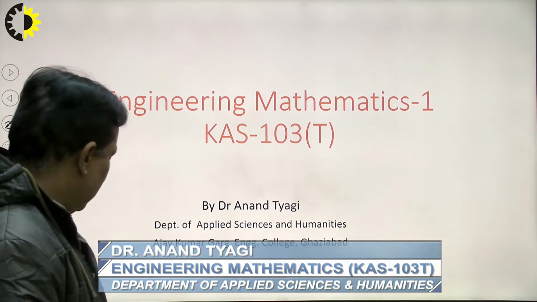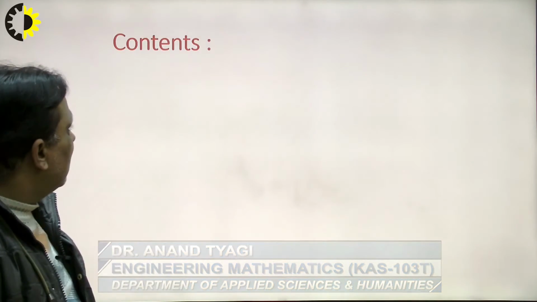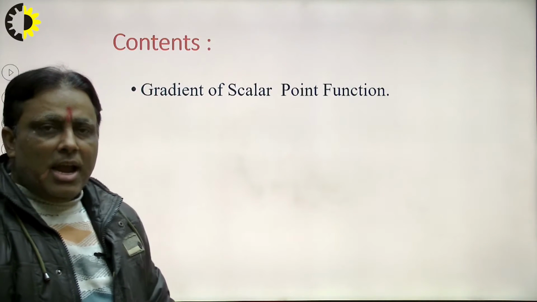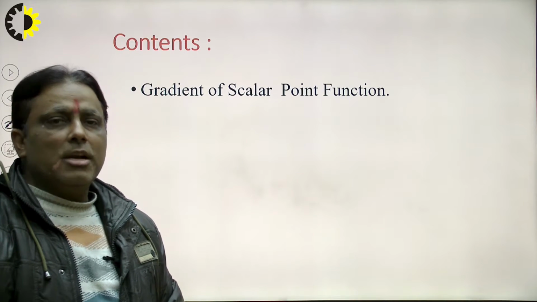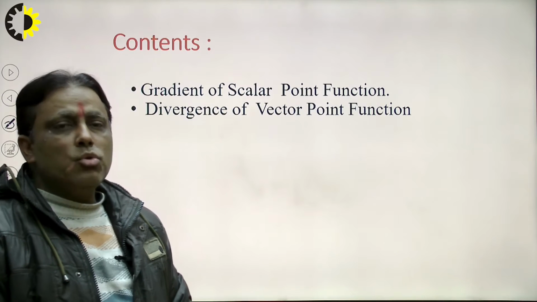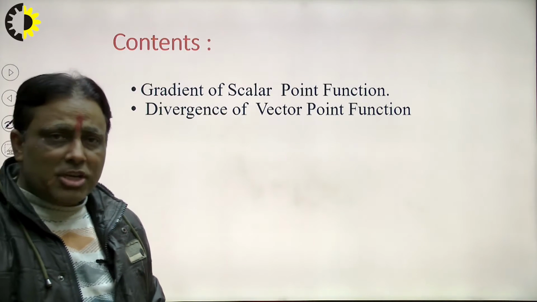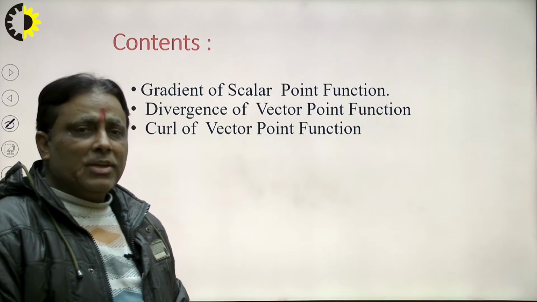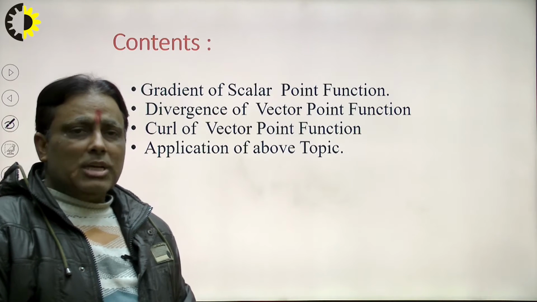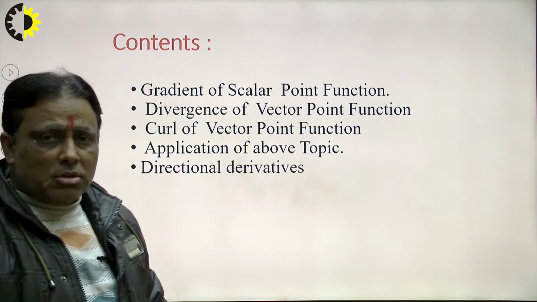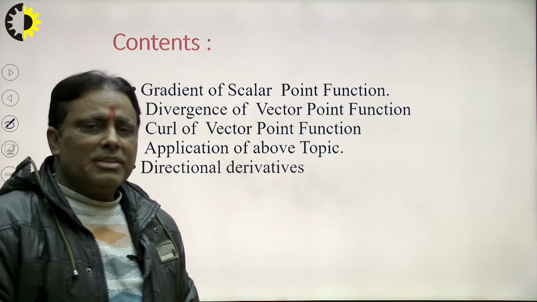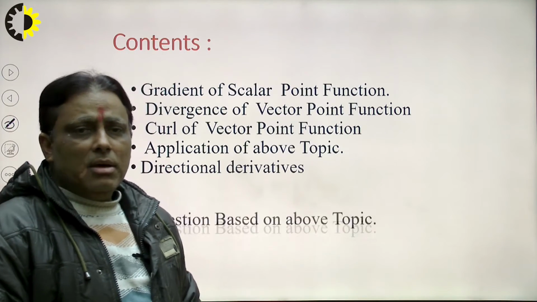So today's contents are: what a scalar point function is, and after this the gradient of a scalar point function, and after this the vector point function and how to calculate the divergence of a vector point function, one by one, and after this the curl of a vector point function, and after this some applications of the above topics, questions based on them, and the directional derivative, how to calculate the directional derivative of a given potential.